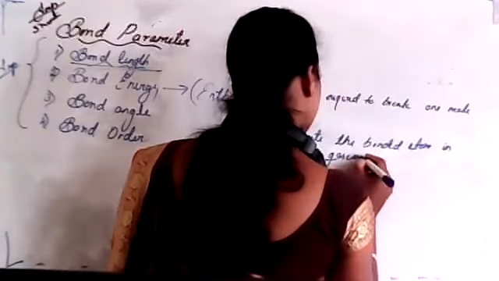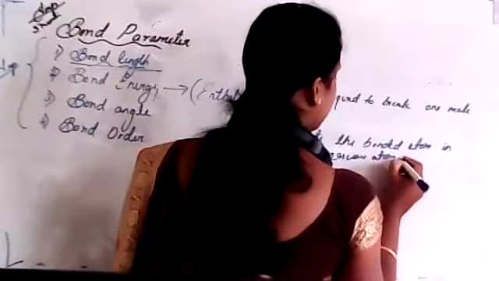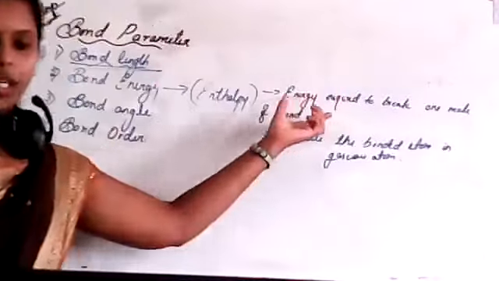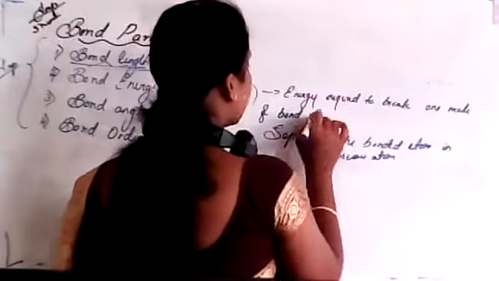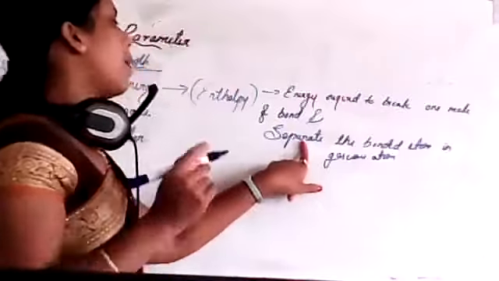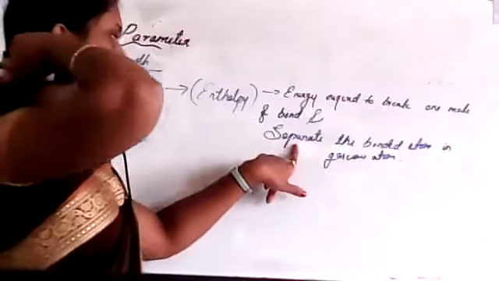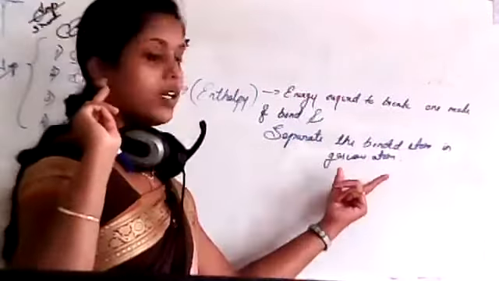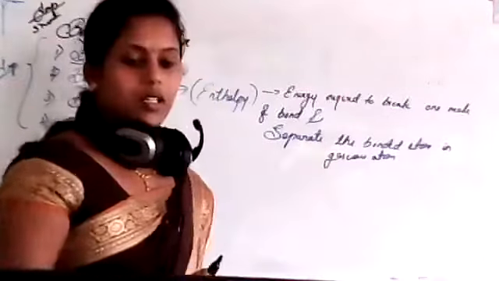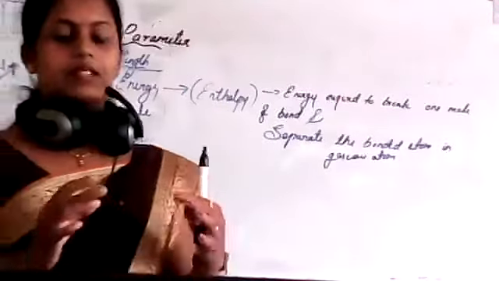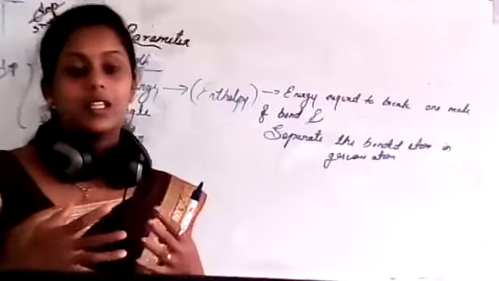We consider it as gaseous atoms, but remember this one. Energy required to break 1 mole of bond, or to separate the bonded atoms in the gaseous state. That means it is bond dissociation enthalpy.